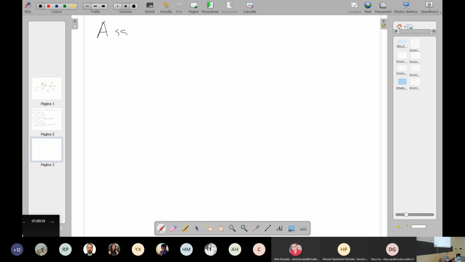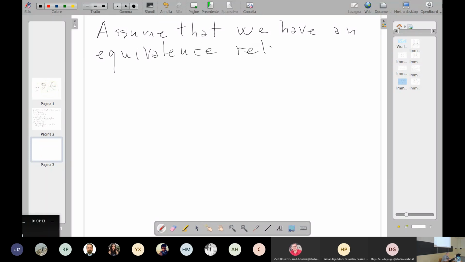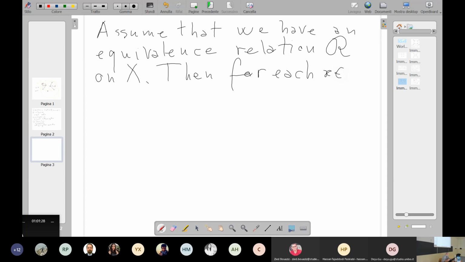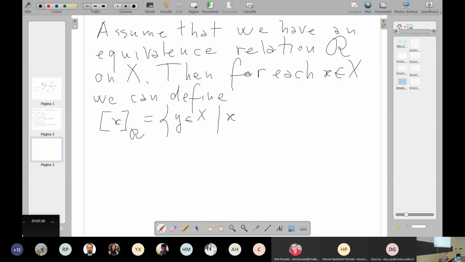Assume that we have an equivalence relation R on a set X. Then for each small x in capital X, we can define the class of x with respect to R, defined as the set of y belonging to X such that x is in relation with y.